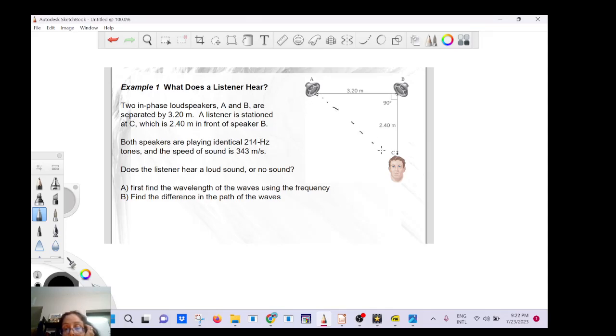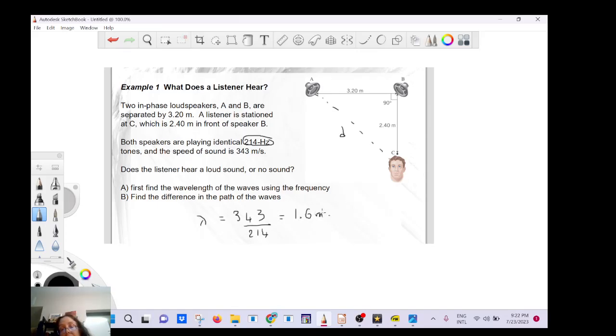You have the distance here, D, and both have the same frequency, because you need the same frequency to have that destructive or constructive interference. You want to know, will it be a loud sound or no sound? First, let's find the wavelength. The wavelength is the speed divided by the frequency.